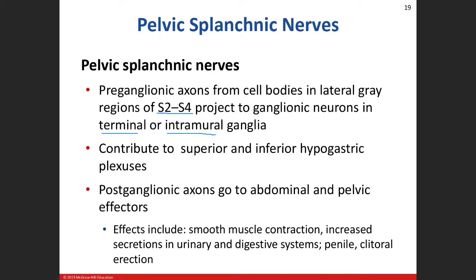We're not going to get into too much detail about this, but these postganglionic neurons are then going to stimulate effector tissues in the abdomen and the pelvic areas, mainly smooth muscle and some glandular tissue there. So everything that has to do with digestion, urination, defecation, it's also going to stimulate some of our reproductive activities there, which we'll talk about a little bit later on.